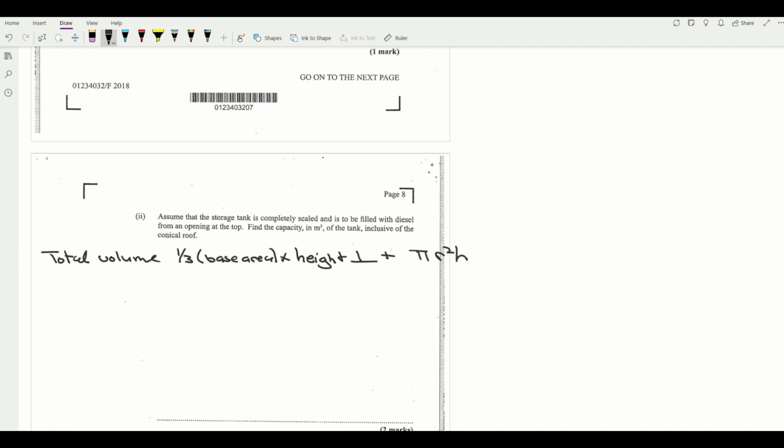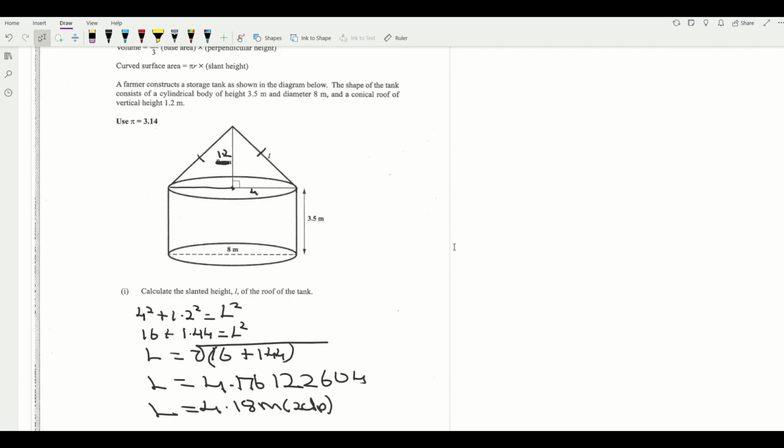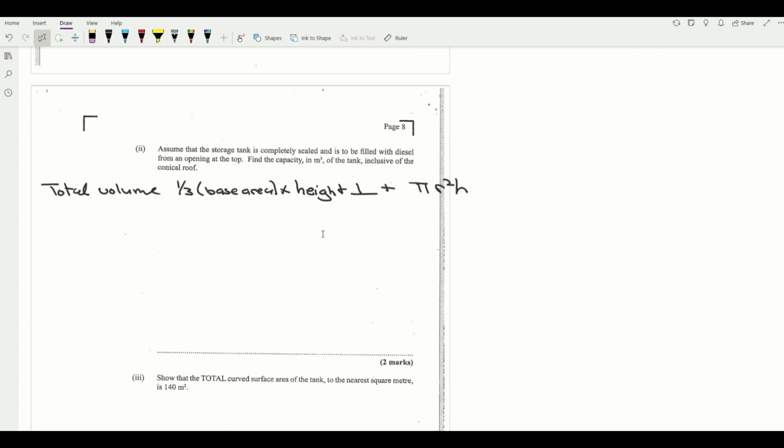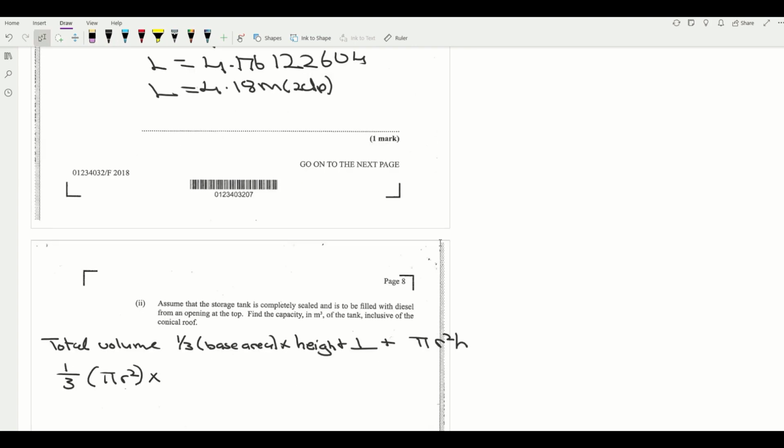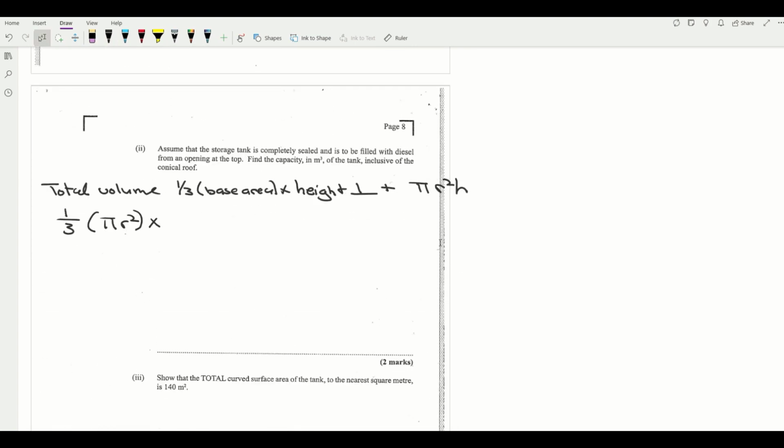So first off, what is my base area? It's a circle, and the area of a circle is pi r squared. So the formula is going to be a third pi r squared multiplied by my perpendicular height, which they told you was 1.2, plus pi r squared h.